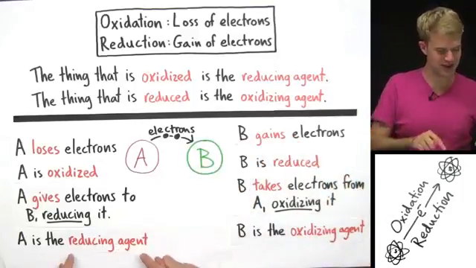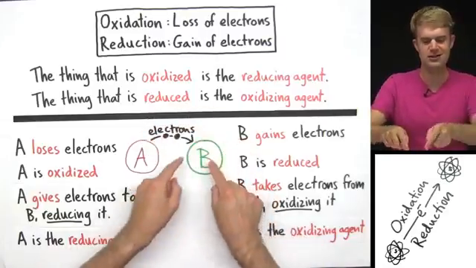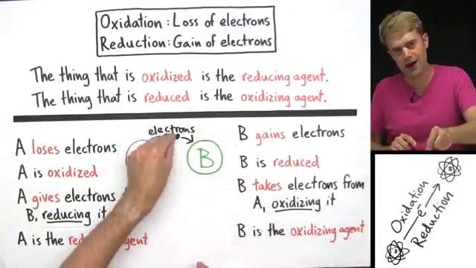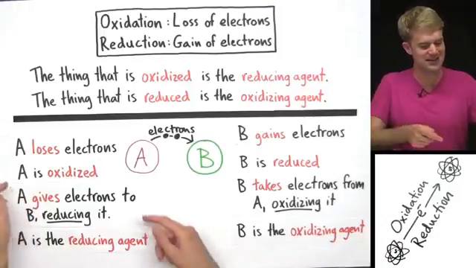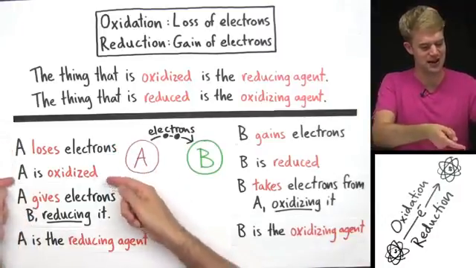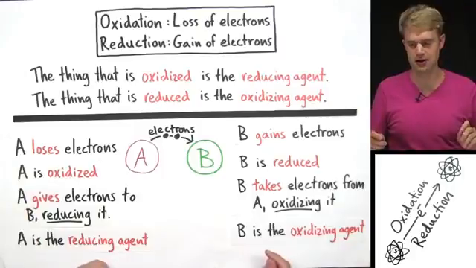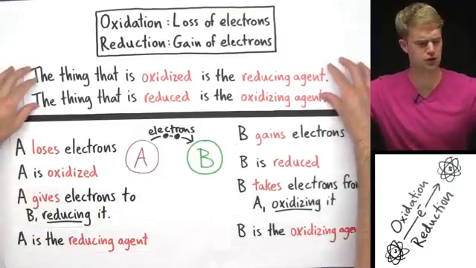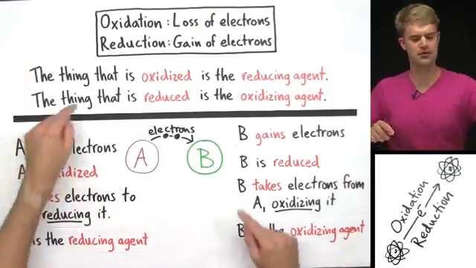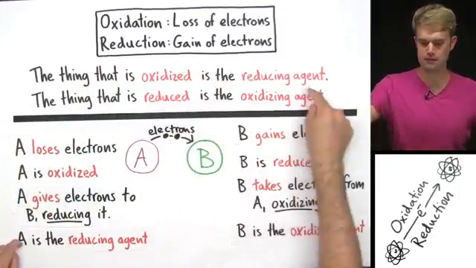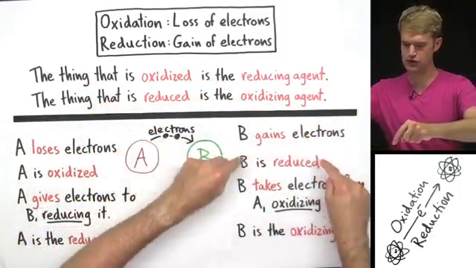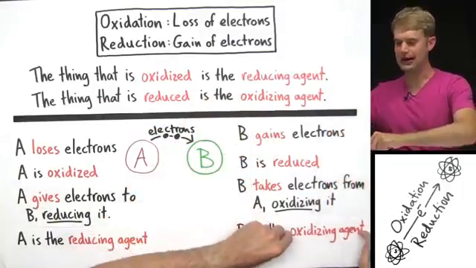The reducing agent allows reduction to take place by giving electrons to the thing that is going to be reduced. So it itself is losing electrons, the reducing agent is oxidized. It's also probably useful just to remember this information up here, that the thing that is oxidized is the reducing agent, and the thing that is reduced is the oxidizing agent.